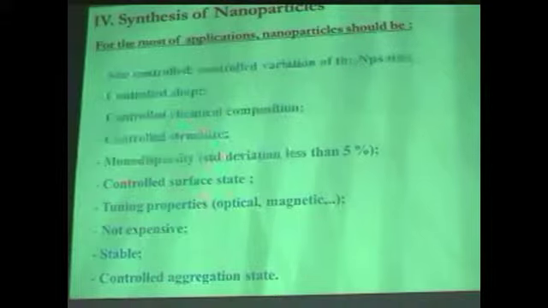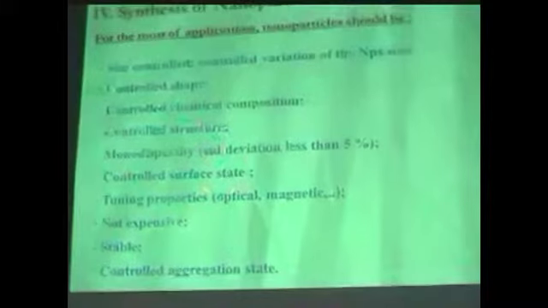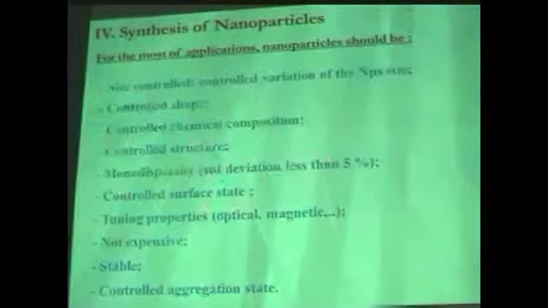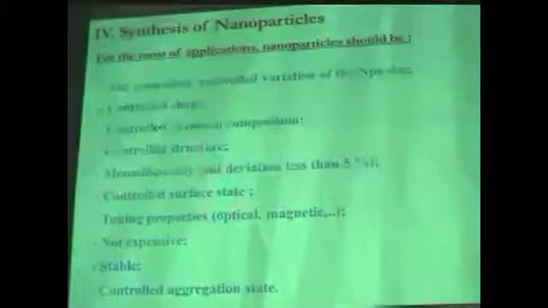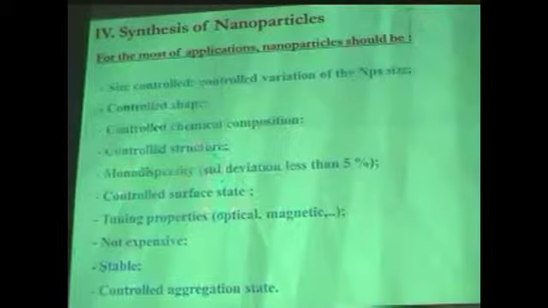Those nanoparticles should be monodisperse. I remind you that the relative definition of monodispersity is that the standard deviation is less than 5%. And this monodispersity is important for numerous applications. For instance, for magnetic resonance imaging, monodisperse nanoparticles present higher relaxivity than polydisperse nanoparticles of the same size.